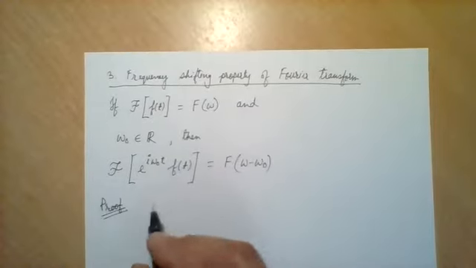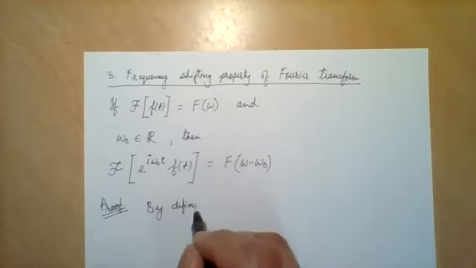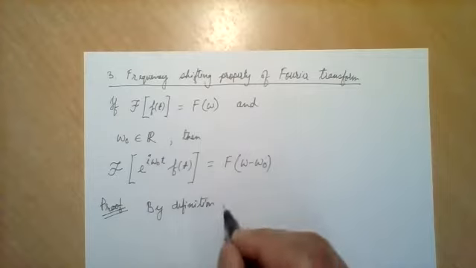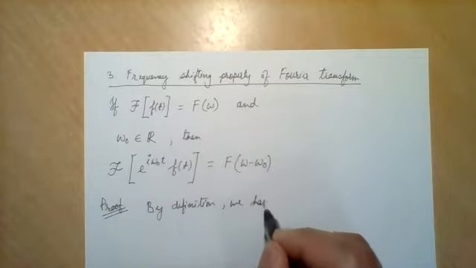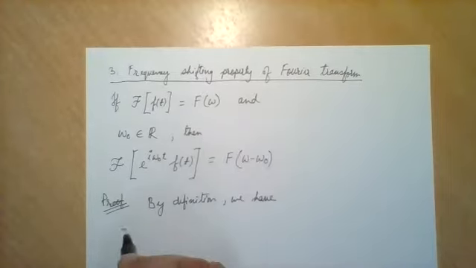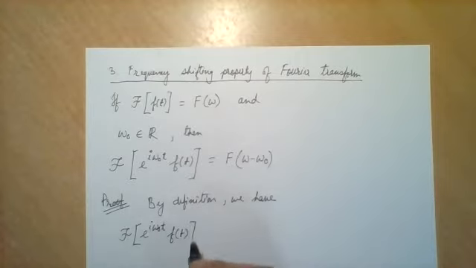Here is the proof. By definition, we have the Fourier transform of e to the power i omega naught t f of t.